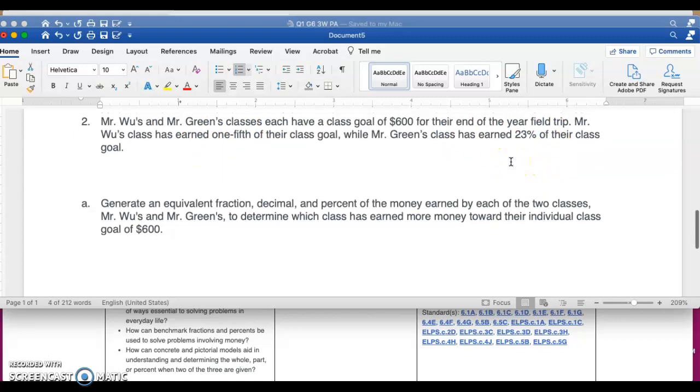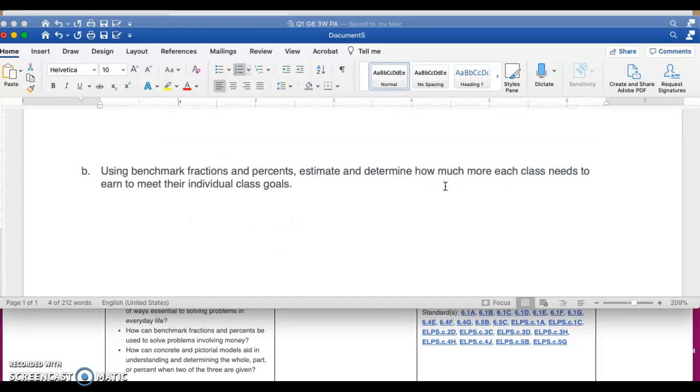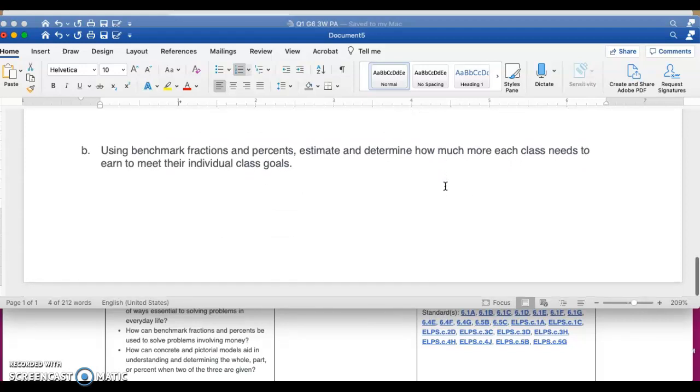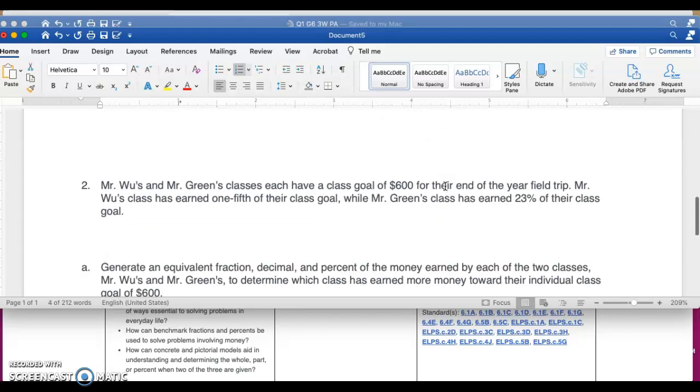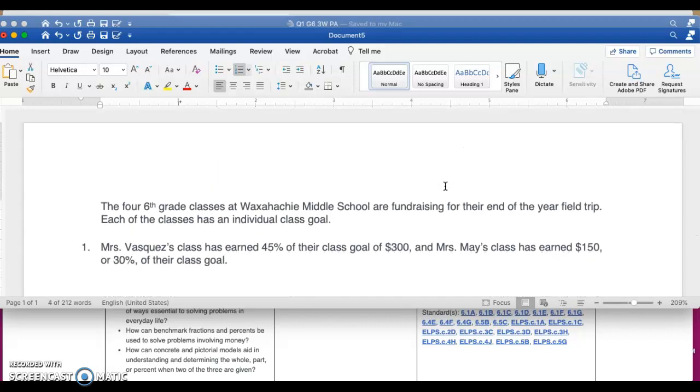And again, we're talking about fractions, decimals, and percents, and how to show those things together, equivalent fractions, decimals, and percents. And then again, benchmark fractions and percents. So they really need to know what benchmark fractions and percents are. So these are the questions that they're going to need to be able to answer in order to get through their checkpoint.